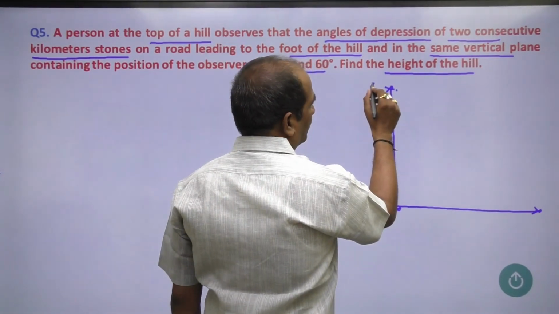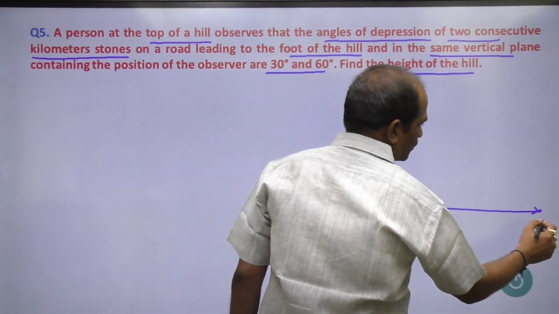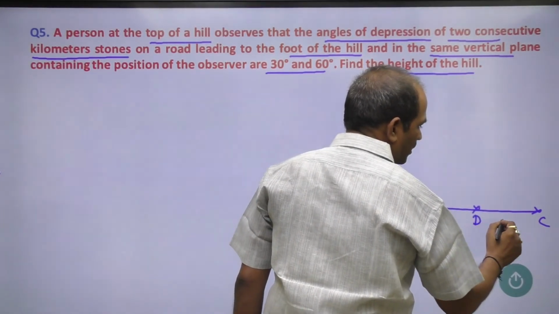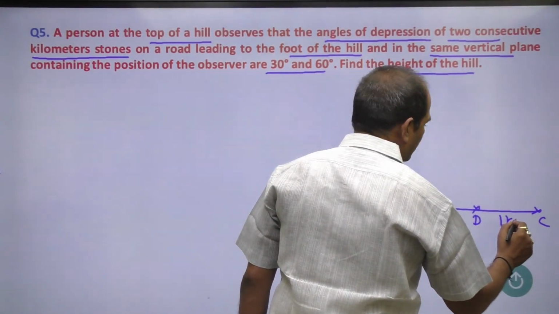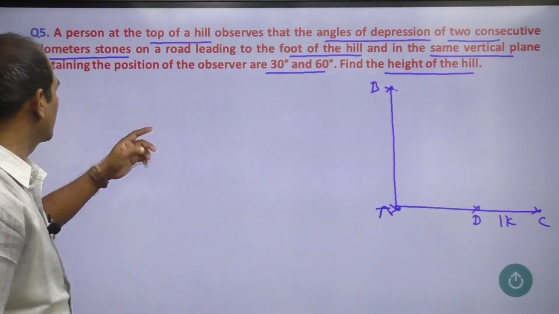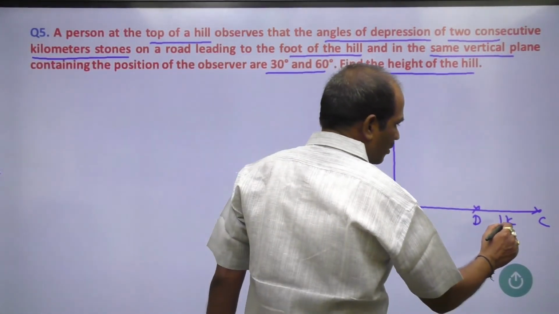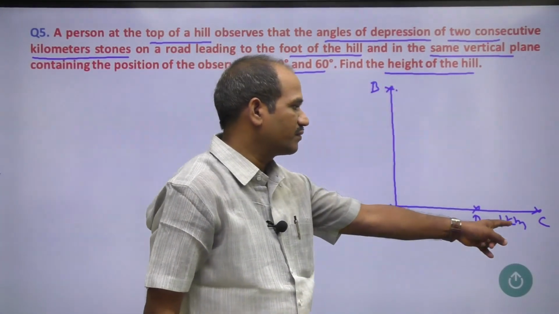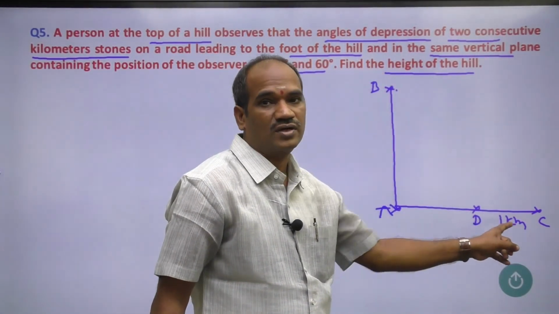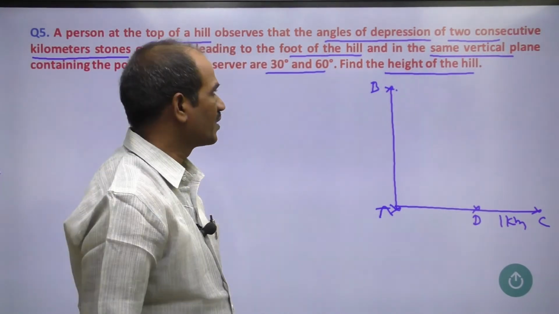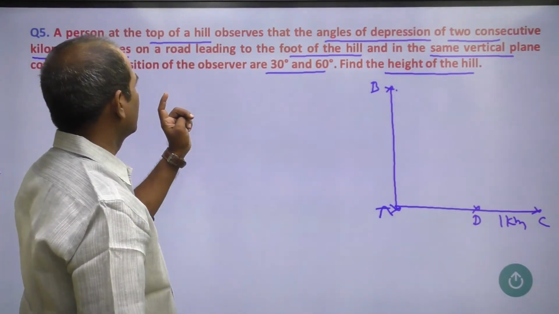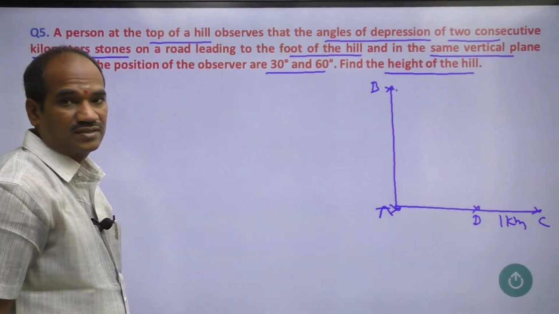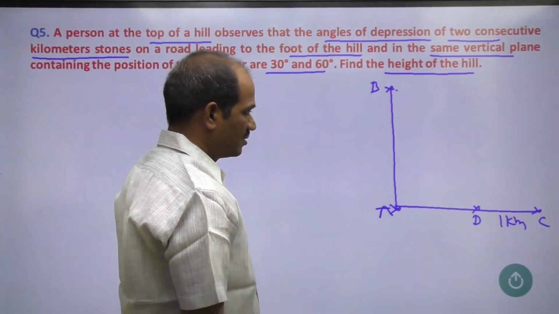The first stone is C, the second stone is D. The distance DC is 1 kilometer. The angles of depression are 30 and 60 degrees.